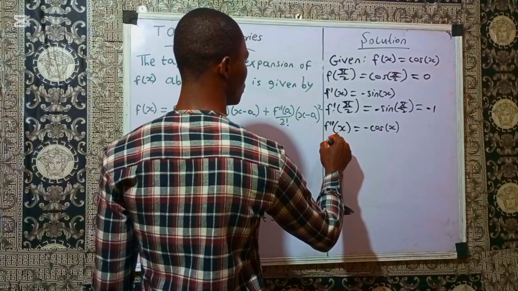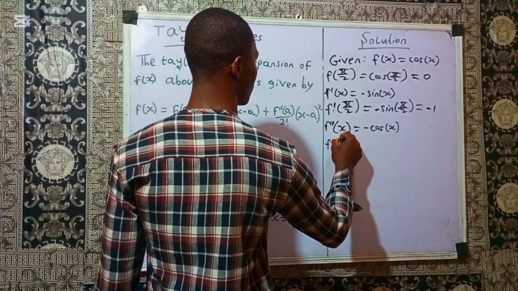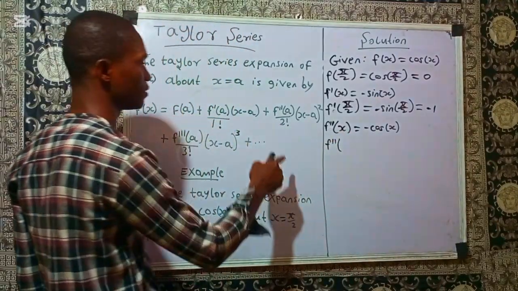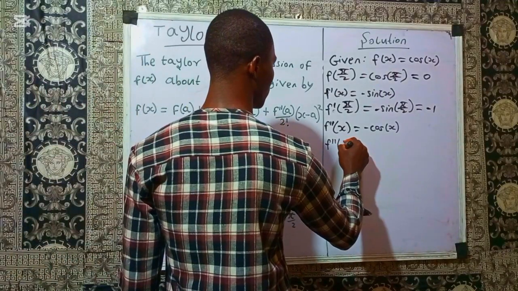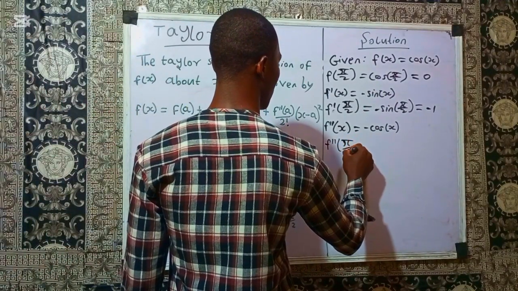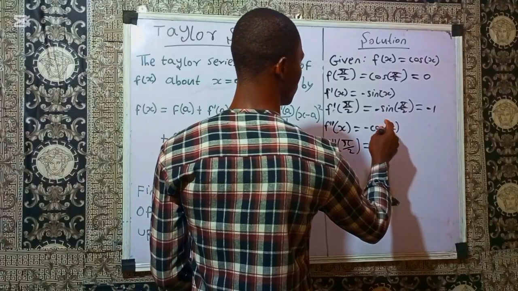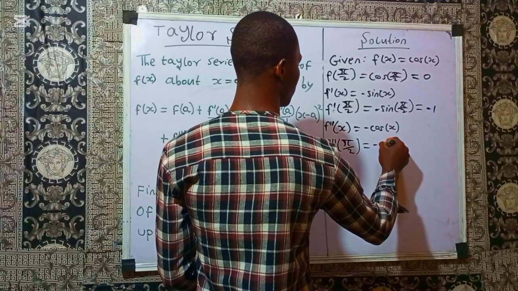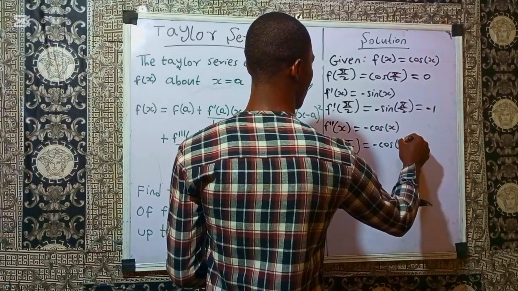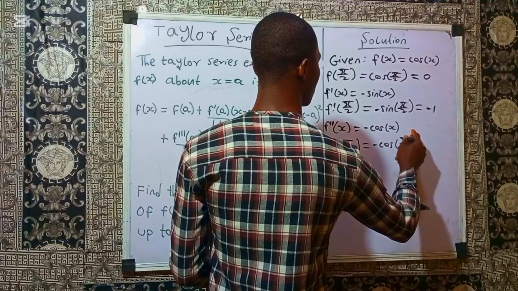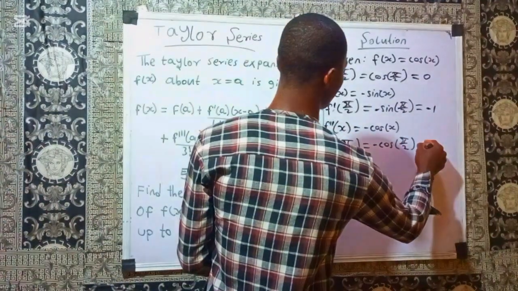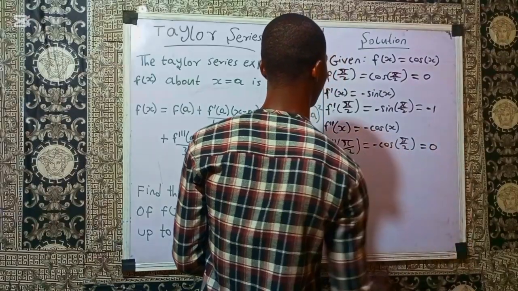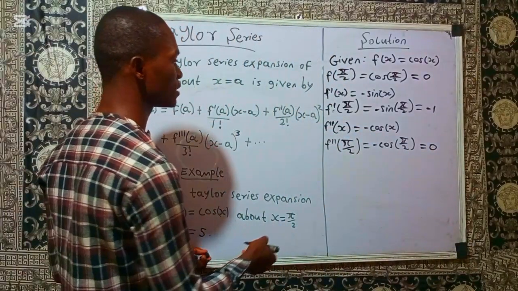Then you now do f double prime at a. Our a is this point, pi over 2. That's f double prime at pi over 2, so we put pi over 2 here. Negative cosine of pi over 2. As we said earlier, cosine pi over 2 is 0, because pi over 2 is 90 and cos 90 is 0.